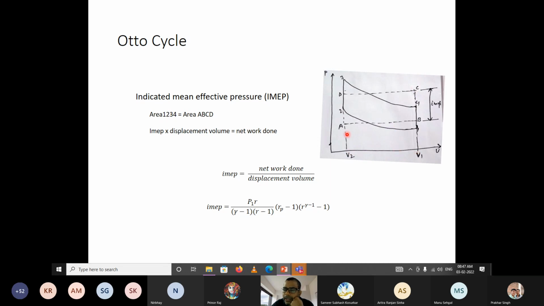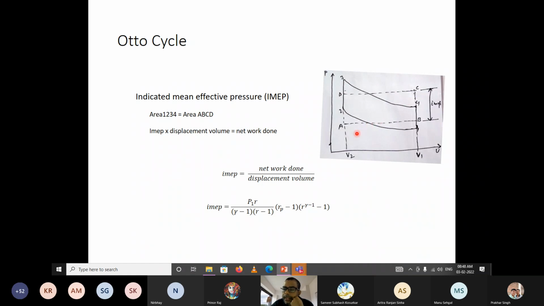The length of this rectangle is fixed, that is the displacement volume, and the height of the rectangle we have to adjust in such a way that the area of the rectangle A, B, C, D is the same as the area of our Otto cycle 1, 2, 3, 4.